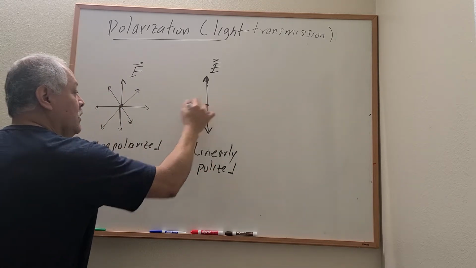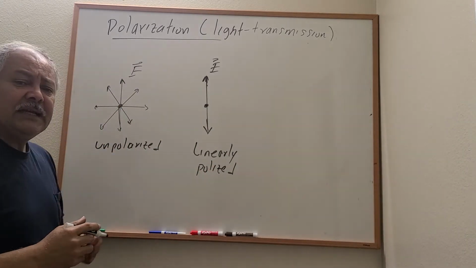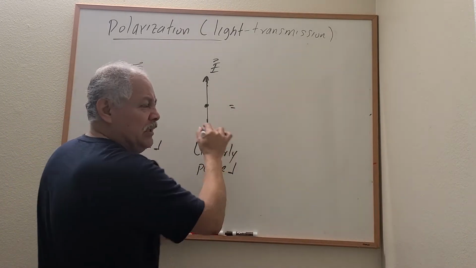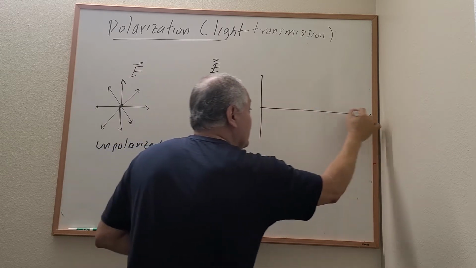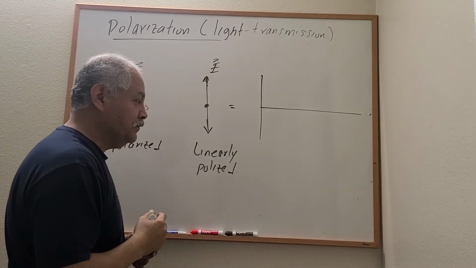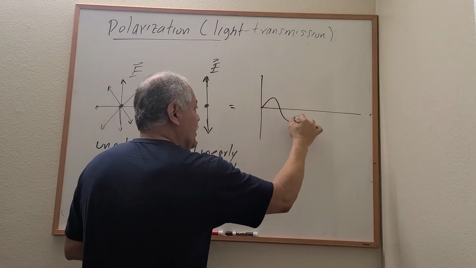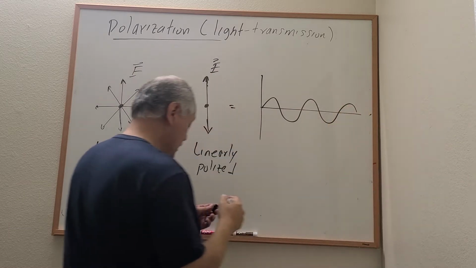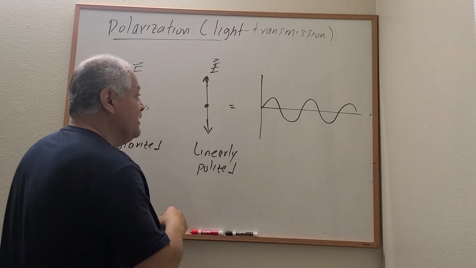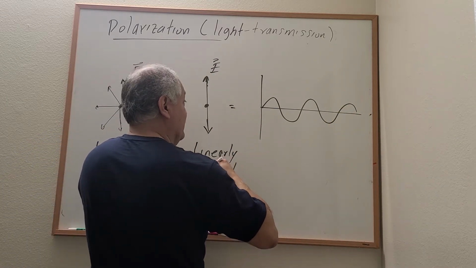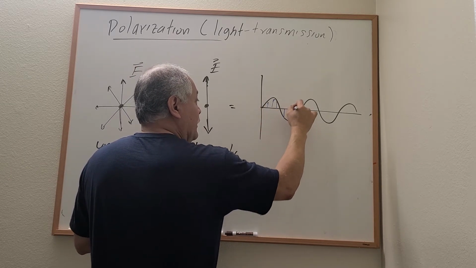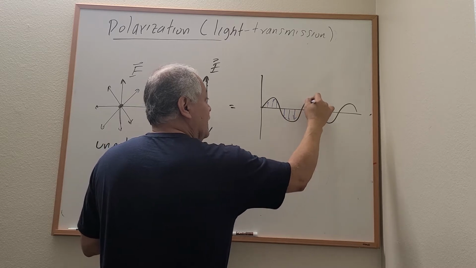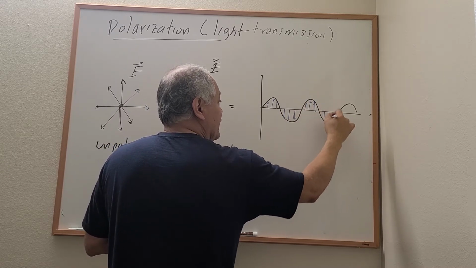Also, we can take this, which actually equals this representation. We have the wave in this way, and we have the electric field in that way, correct? That's the electric field.